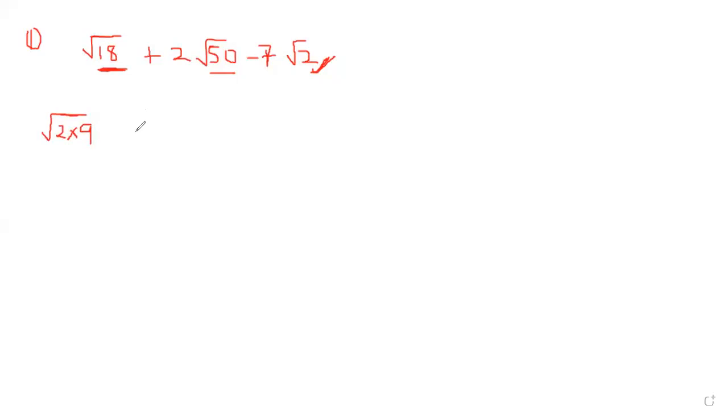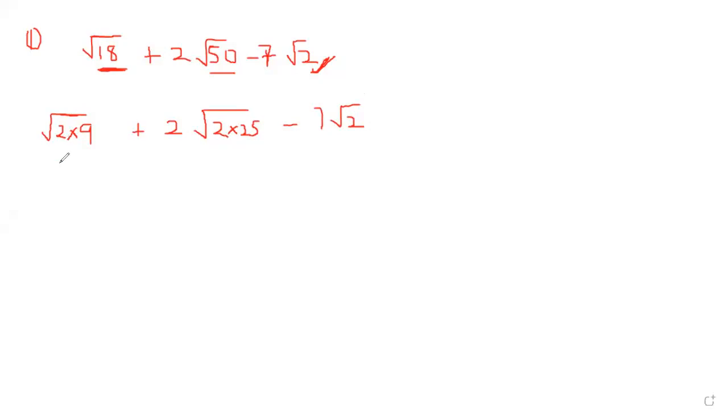Then plus 2 times what number will give me 50? That will be 2 times 25, will give me 50. Then I have my 7 root 2. Okay. So what next?